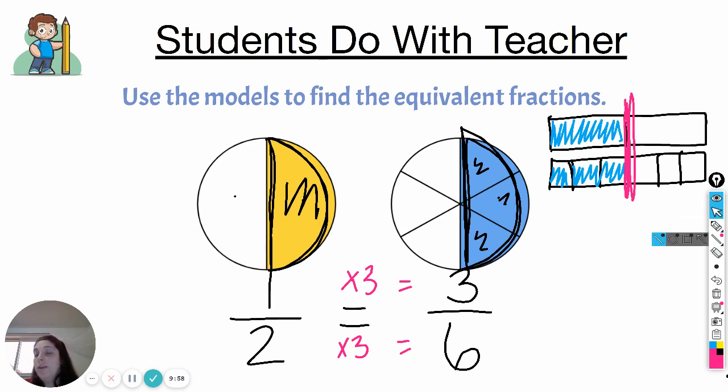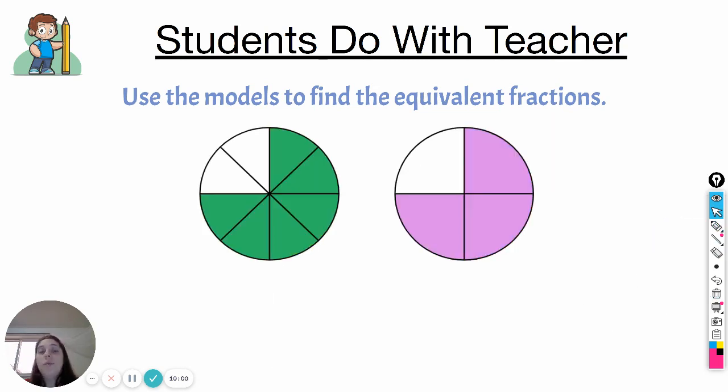Okay, let's go ahead and go over one more example. On your whiteboard, set up your fraction equals fraction.